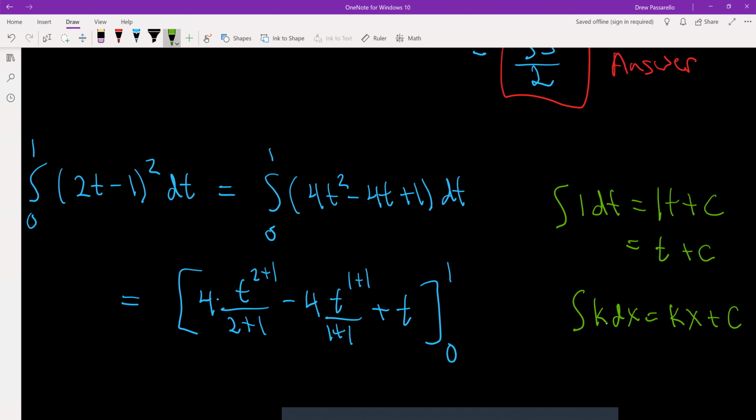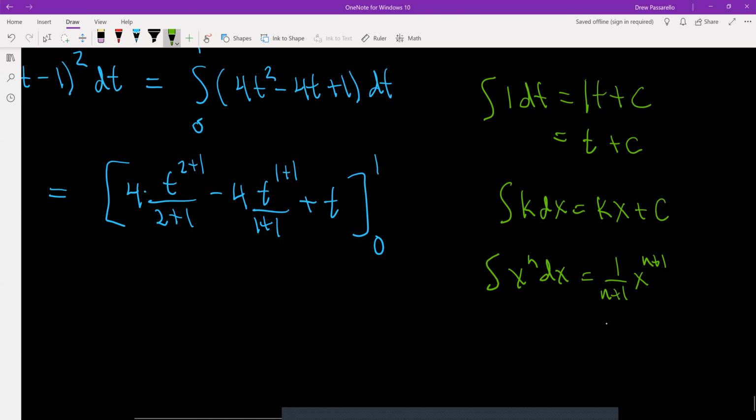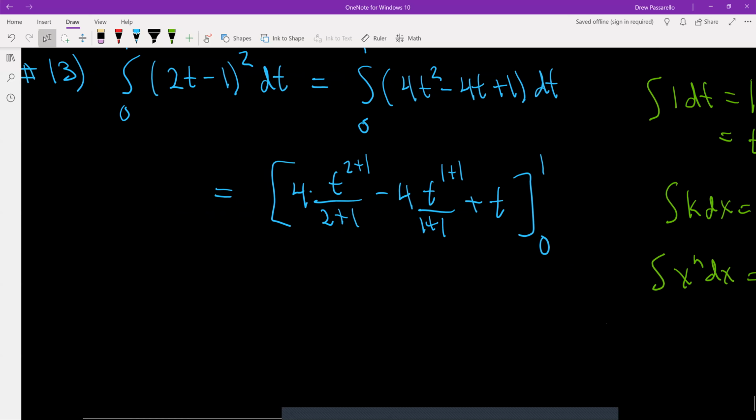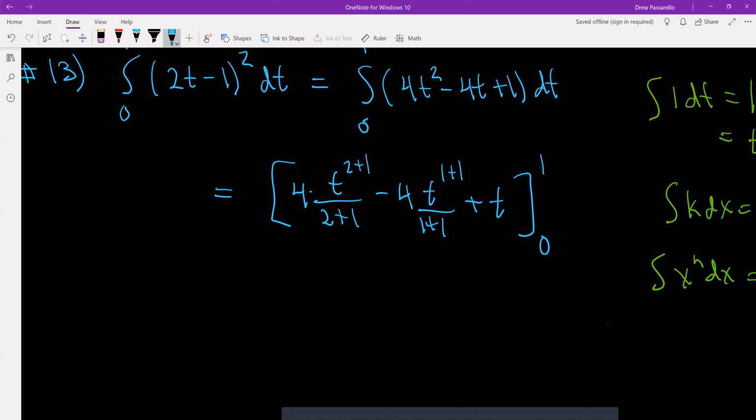And for the other ones, I was using the power rule for integration. Those are the rules I'm applying, and I just integrated each piece. So I sort of skipped some steps and went ahead and wrote down what the result is, because I know you have to integrate each piece.